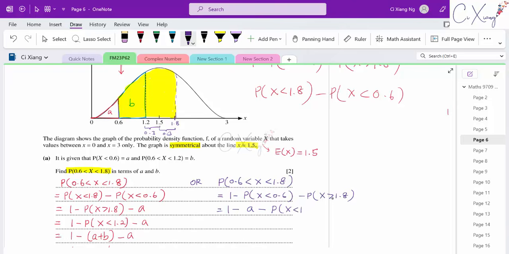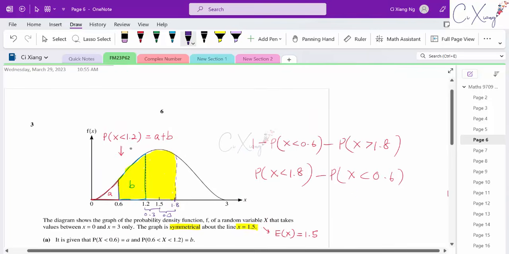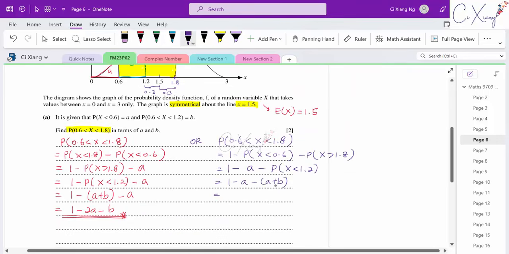So greater than 1.8 equals smaller than 1.2. Just like I told you also, x smaller than 1.2 is A plus B. So substitute into your solution, I'm having 1 minus 2a minus b.